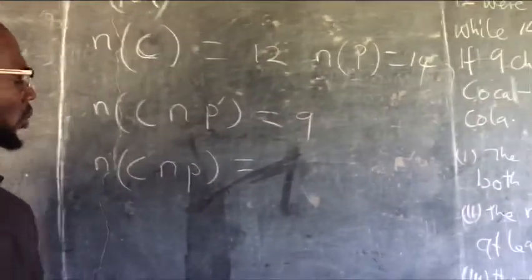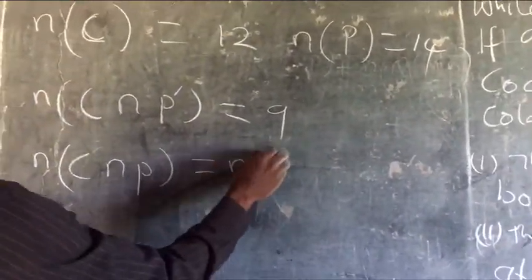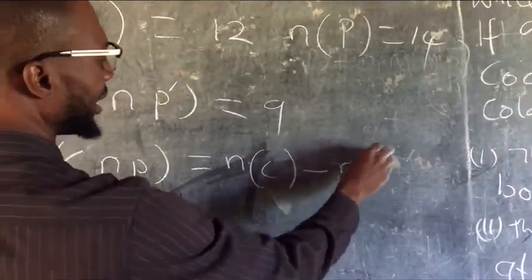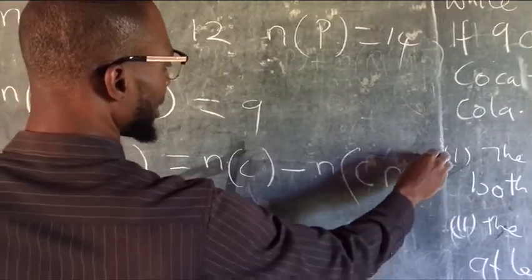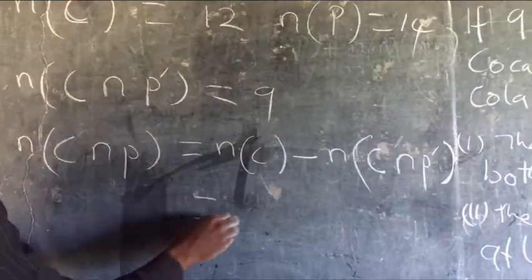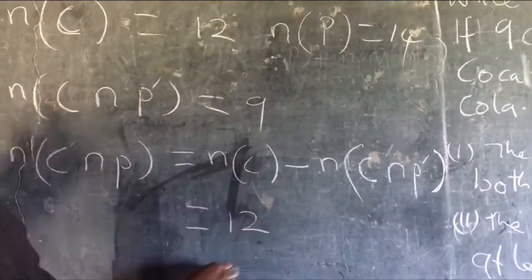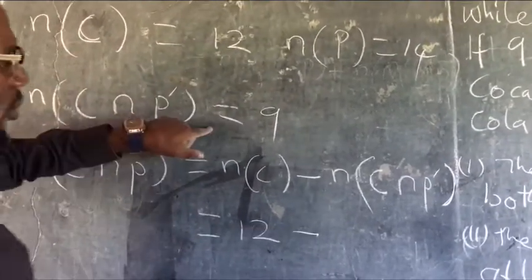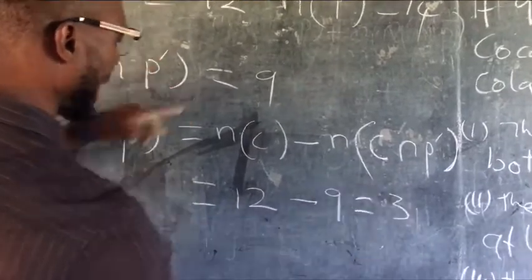So wetin we go do be say, we go take cardinality of Coke minus cardinality of Coke intersect Pepsi complement, abi. In that case, I will get here, I get 12, abi. Cardinality of this one na 12 minus cardinality of this one na 9. So 12 minus 9 na 3.